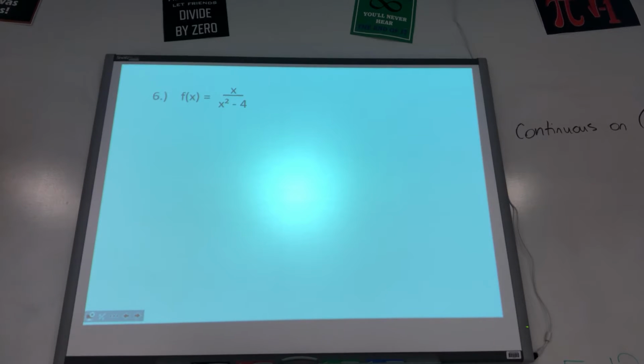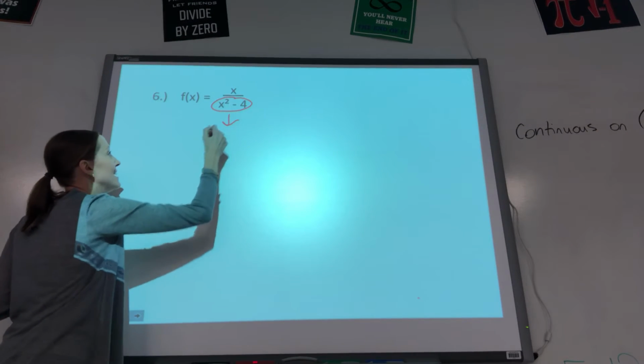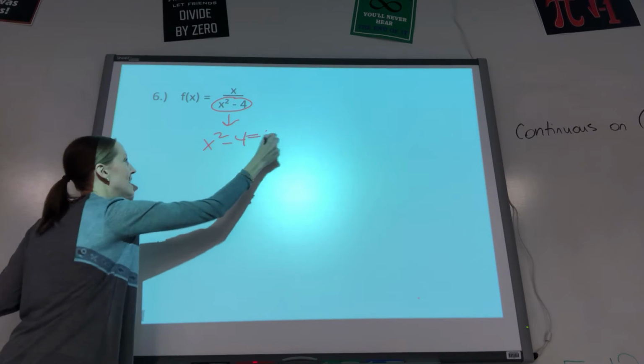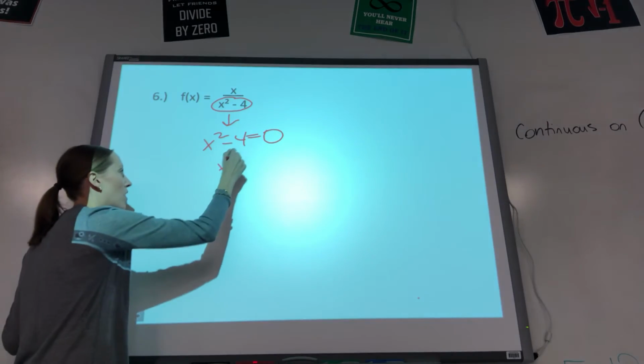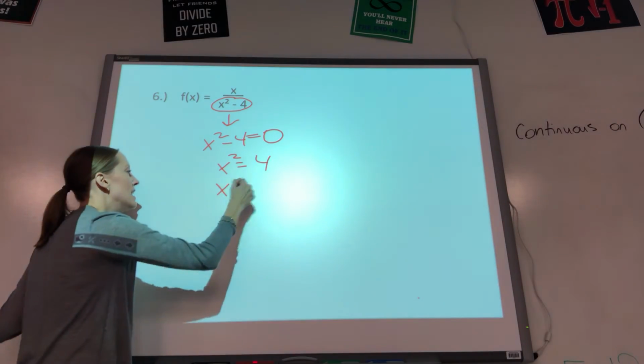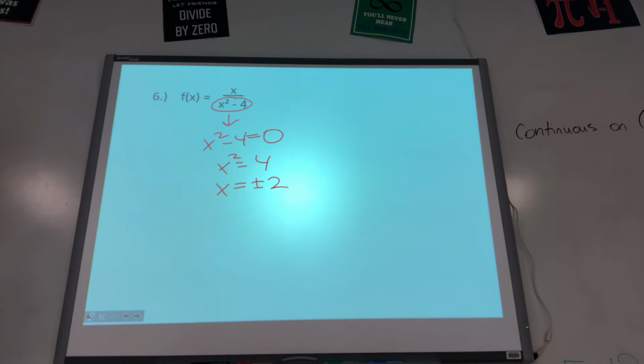If you want to go ahead and think about your suspicious x values, think about the x's that would make that 0. Add 4 to both sides, square root both sides. I'm concerned about positive 2 and negative 2.